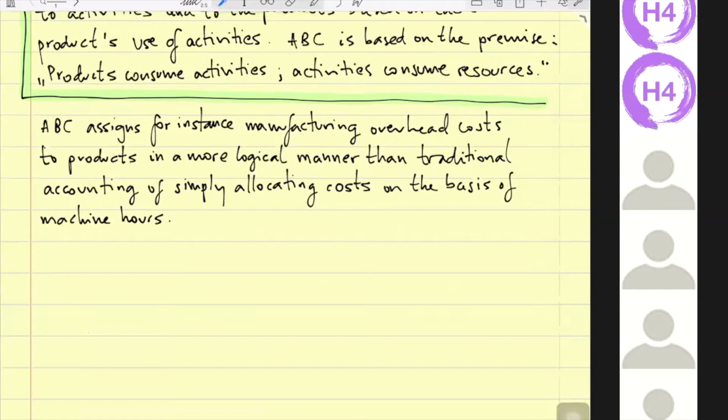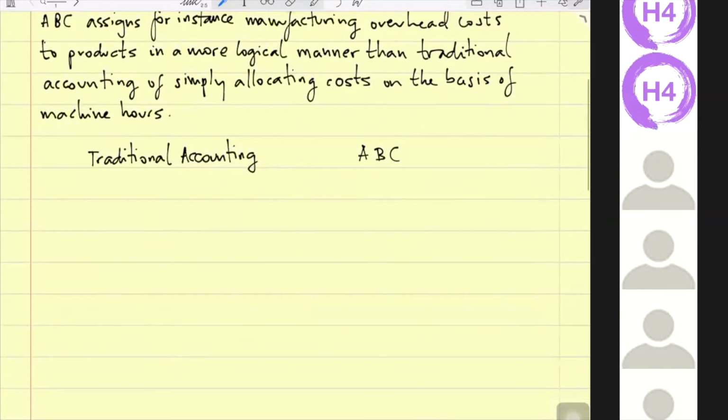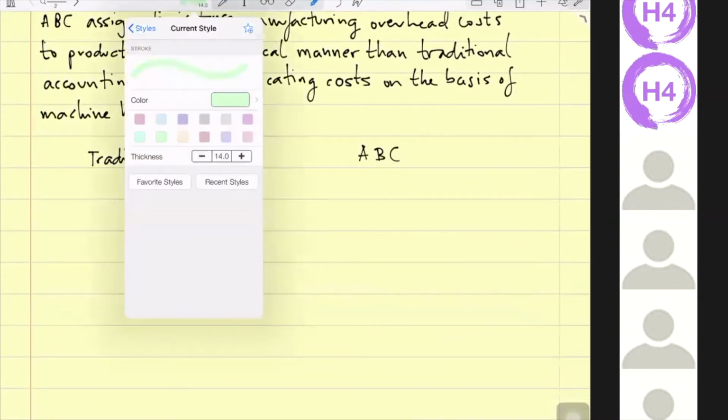So, traditional accounting and activity-based costing, how do they work differently?